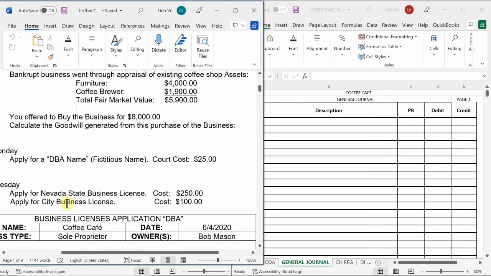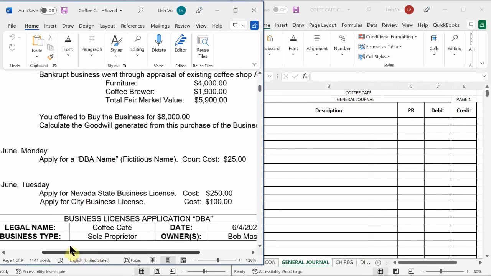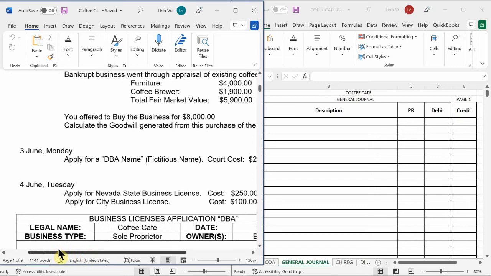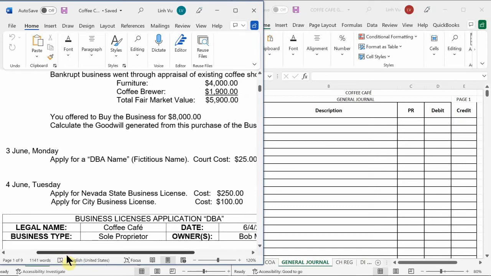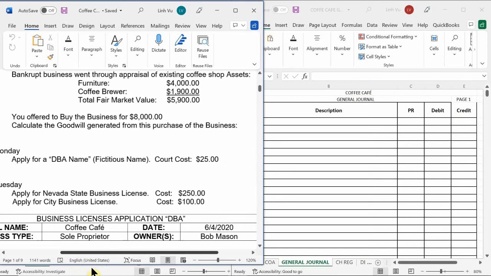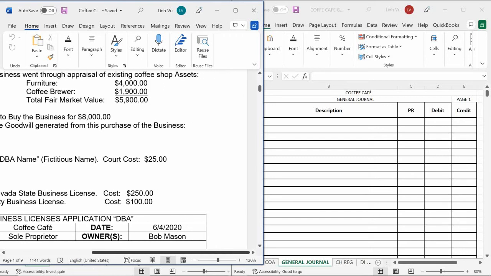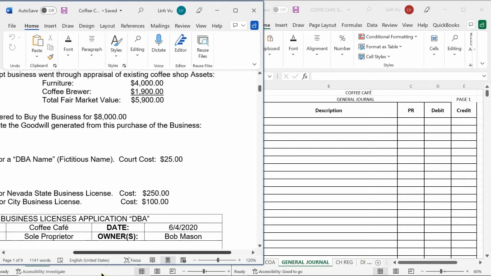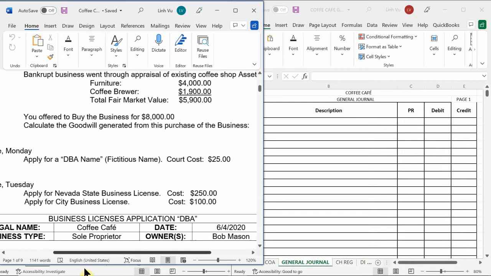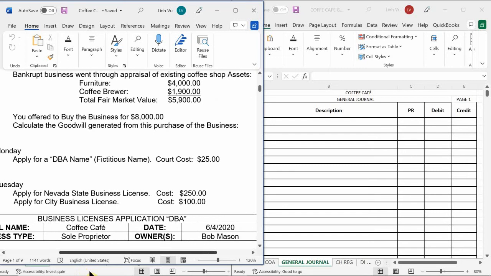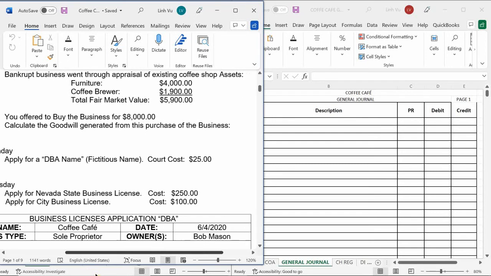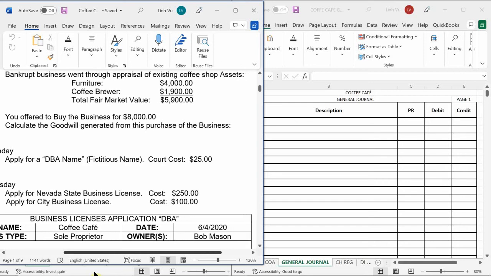Yes. Okay. So the very next couple days, it's June 3rd, Monday, and we apply for a DBA name, a fictitious name, and it costs us some money to change our name. What is a DBA? It's called a doing business as name. This is us filing to the court that we want to change the name of the business, because this was a previously owned business.